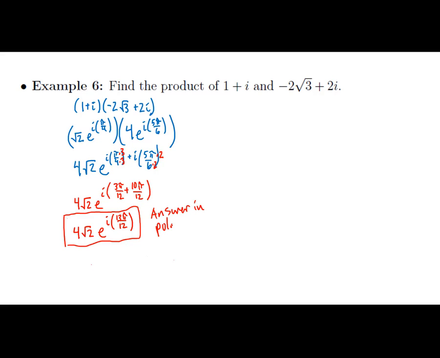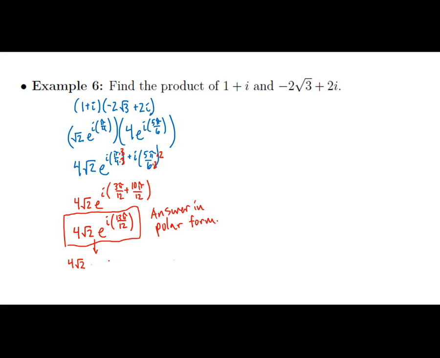So if that's the way that the answer is requested from us, then it's fine just to leave it like this. Now, if they did want us to put it back into standard form, into that a plus bi form, then what we would do here is we would first write it with sines and cosines.